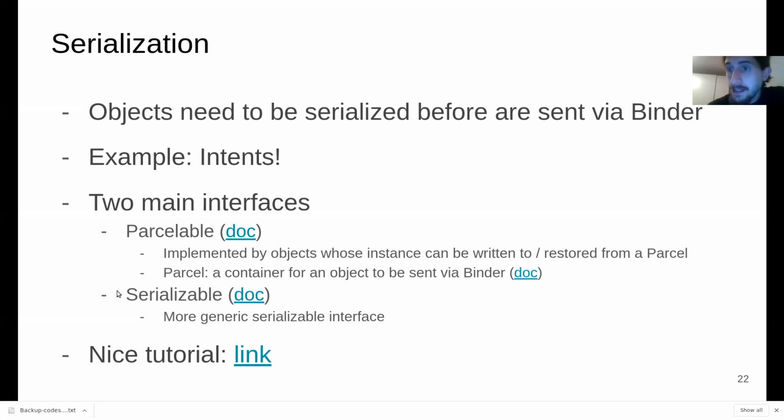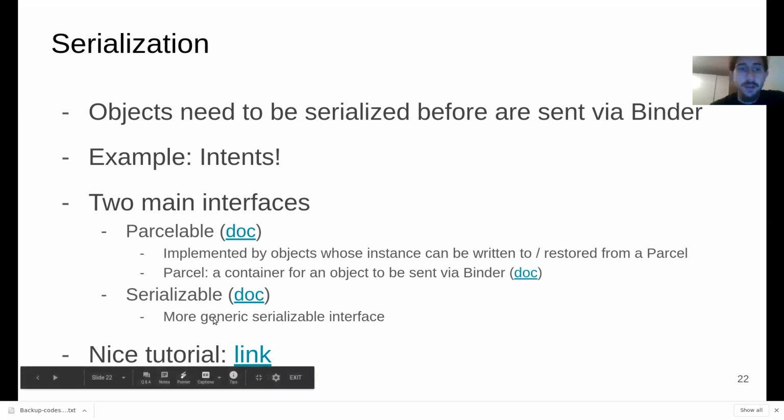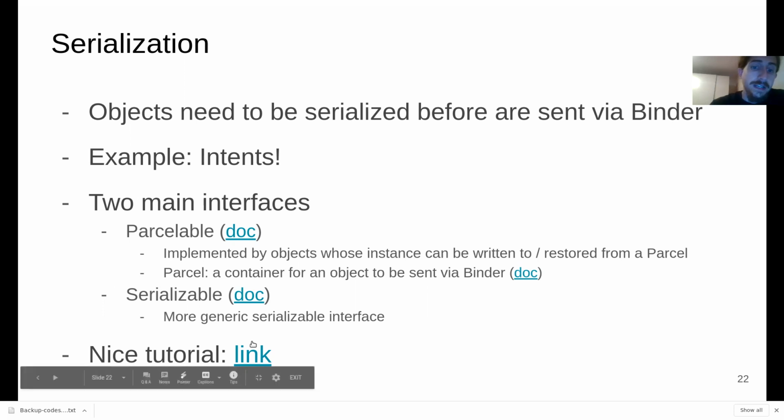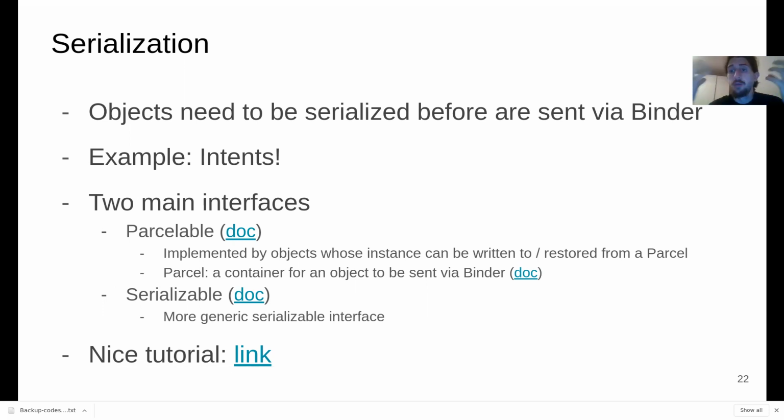And in Android there is also the serializable interface. This is more generic. Parcelable is somehow more optimized for intents and binder transmission. Serializable is the more traditional serializable interface for Java. There is a nice tutorial in this link. What you need to remember from this is that components need to talk to other components. The way they talk is not magic.